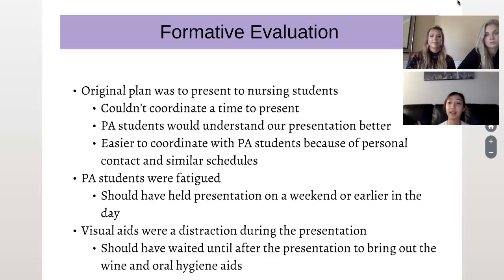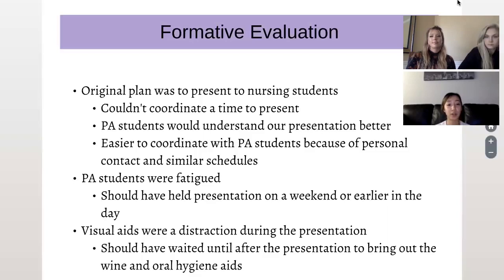And luckily, Sophia and Jericha are friends with a lot of the students from the PA program. So it was nice because a lot of their curriculum is similar. So it was easy to switch over between the two.